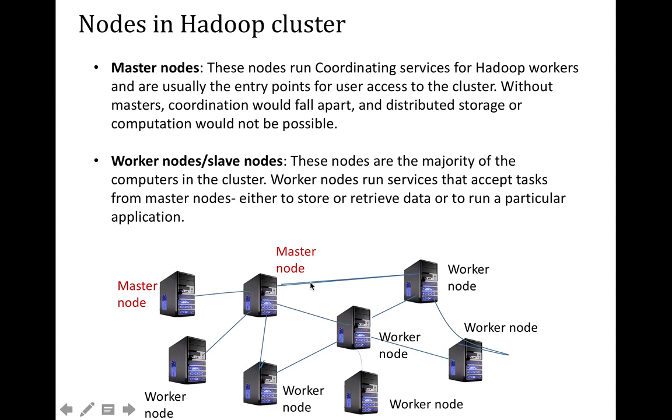There are several. The workloads or slave nodes generally occupy the most part of the cluster. They run services that are accepted from master nodes. For example, if master nodes have some service they want the cluster to run, they can assign it to this workload, to this workload, and also to this node.